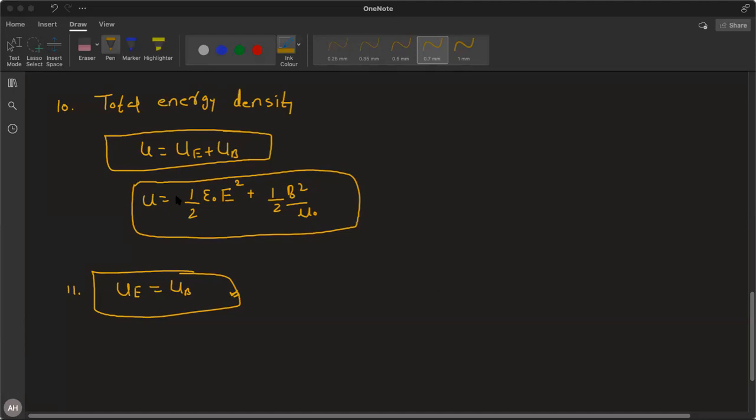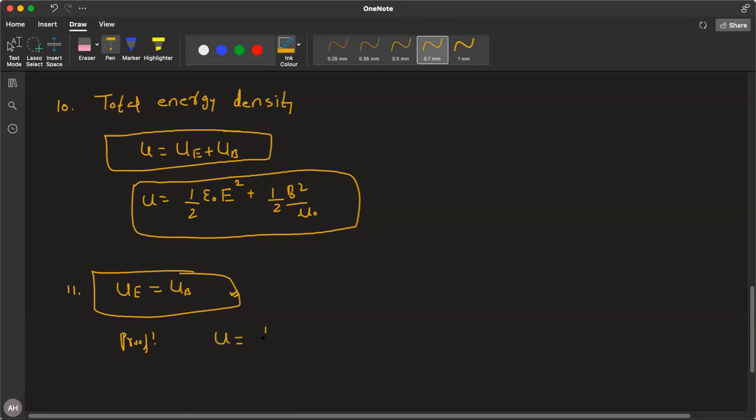Yes, that can be asked. It's a straightforward calculation. If you want me to prove it, see. U_E is half epsilon naught E square. First write it down, then I'll prove it. It is a two-three step calculation.